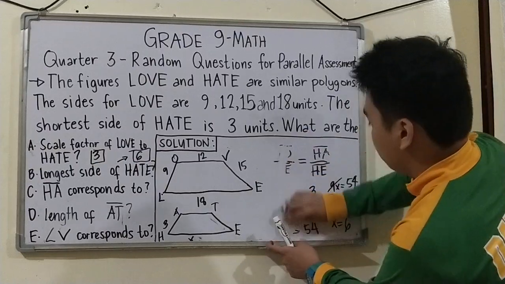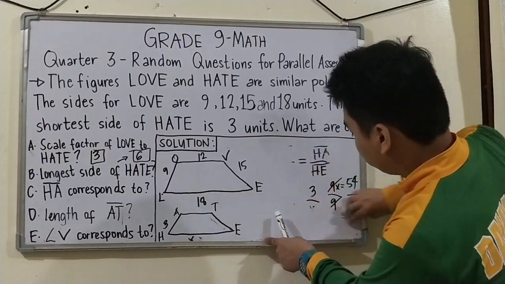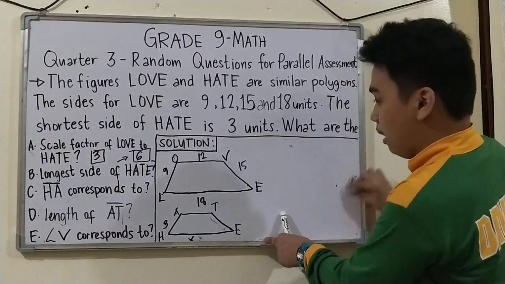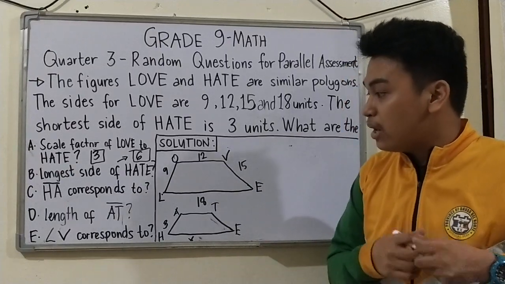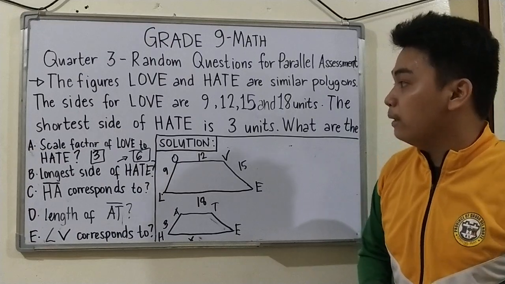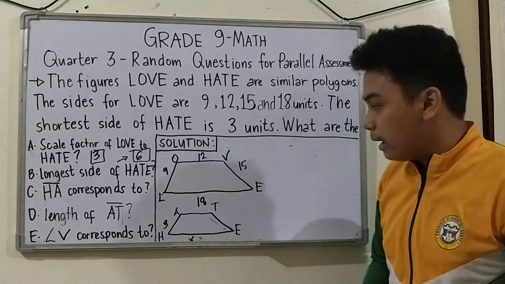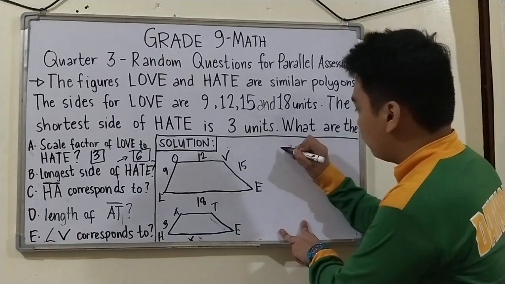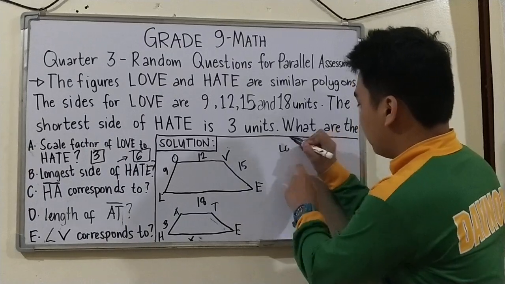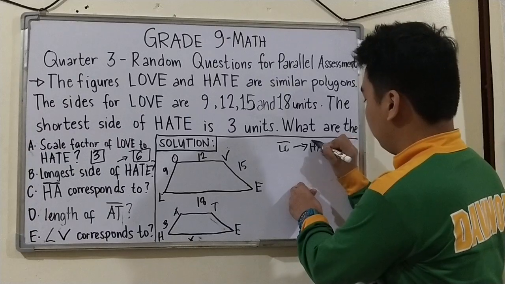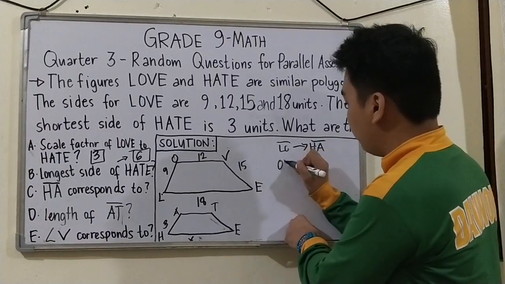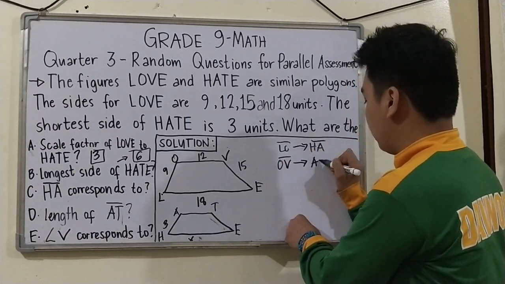So let's erase this. Okay, now, the side HA corresponds to what side of the polygon love? So again, remember that the side LO corresponds to HA. The side OV corresponds to side AT.